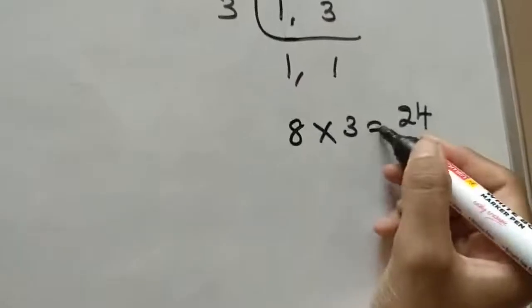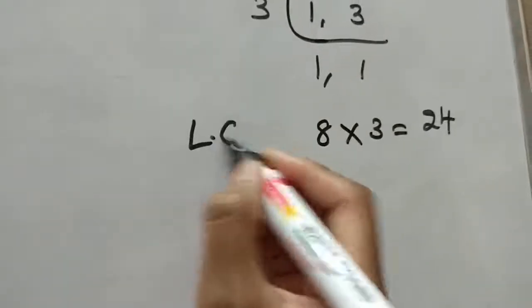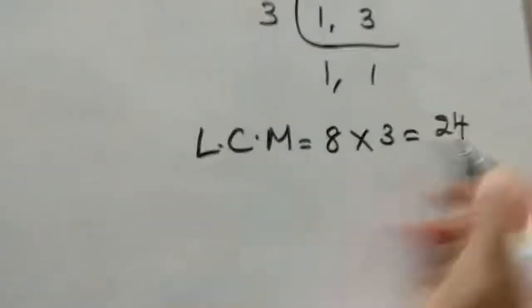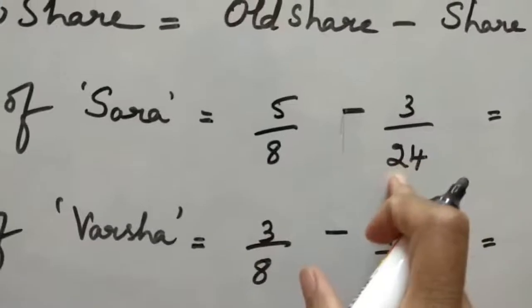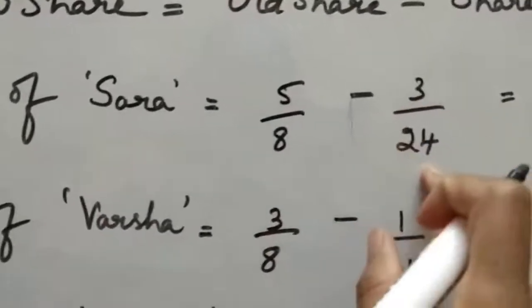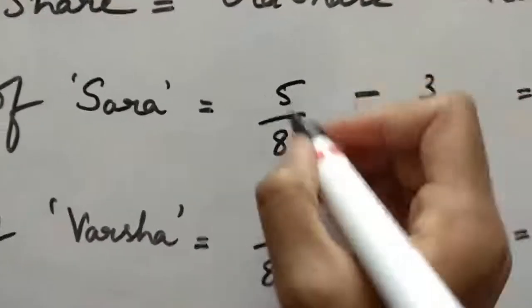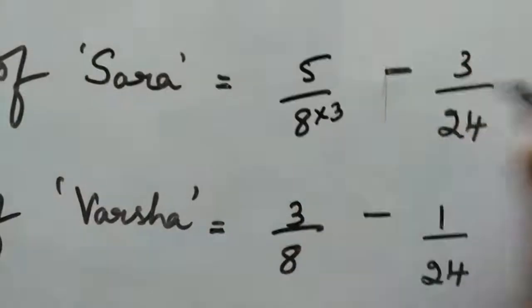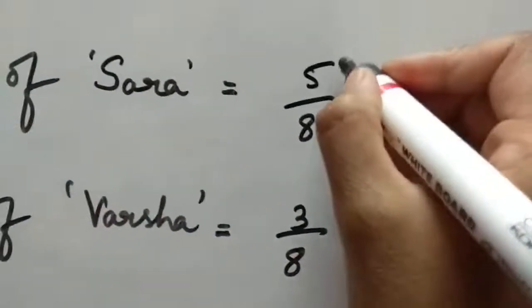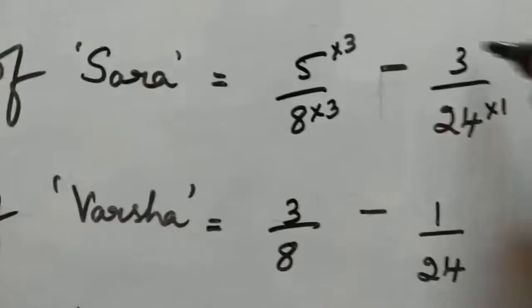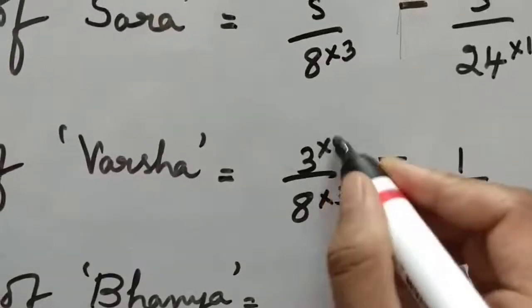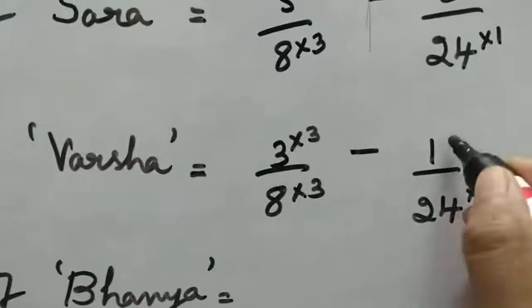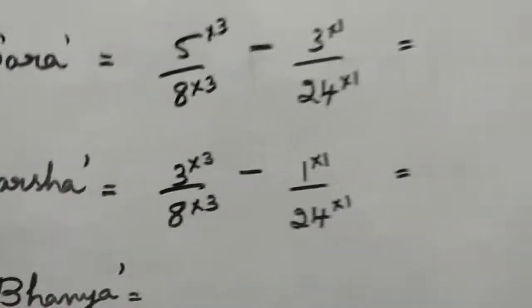So the LCM which we got is 24. Could you all observe? Any values which go in the same table, the highest value will be considered as the LCM. So 8 3s are 24, 24 1s are 24. Copy the same. Just observe, we have done it.